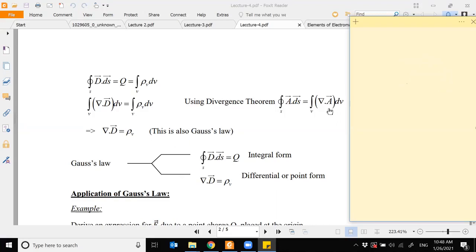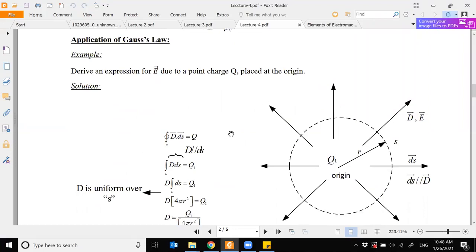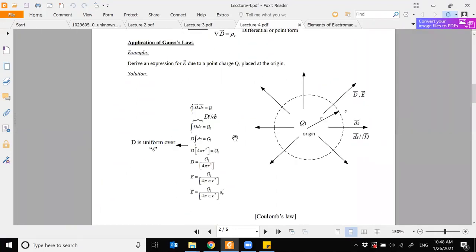Now, Gauss's law sometimes becomes very handy in finding the electric field due to some charges, surface charge or volume charge densities, which are simple and which have some symmetries.